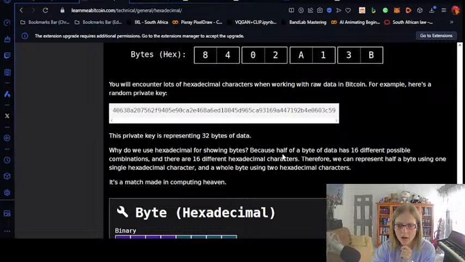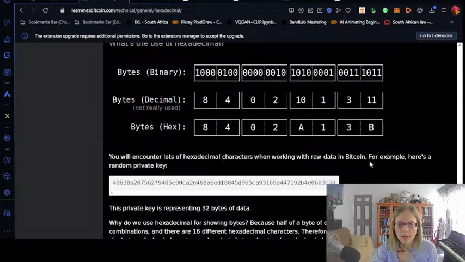It says here, half a byte has 16 different possible combinations. Just want to check here.